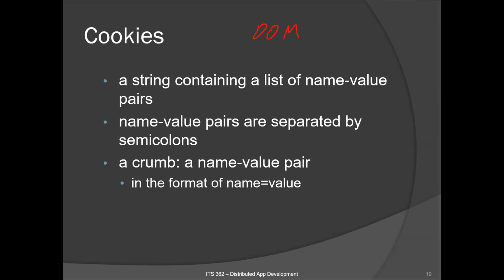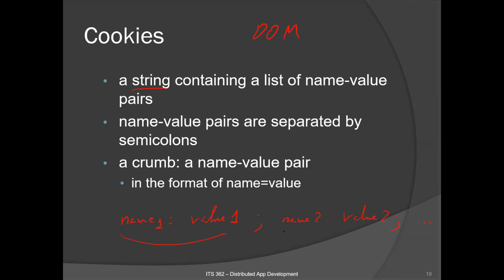Basically, in its simplest definition, you can think of a cookie as a string containing a list of name value pairs. So it's almost like you can think, name1 colon value1, and then semicolon, and then name2, value2, semicolon, and then dot, dot, dot, right?